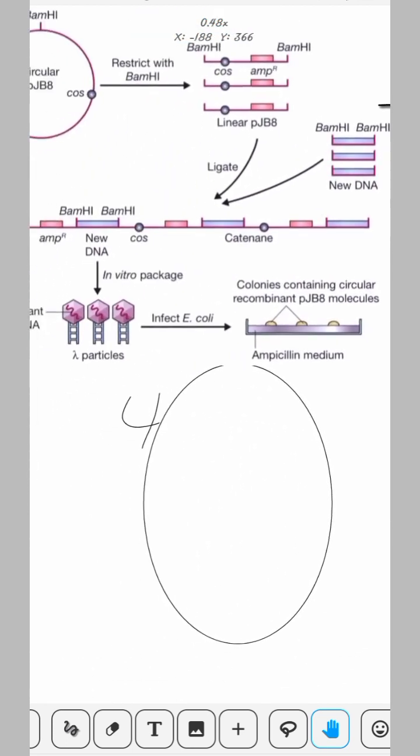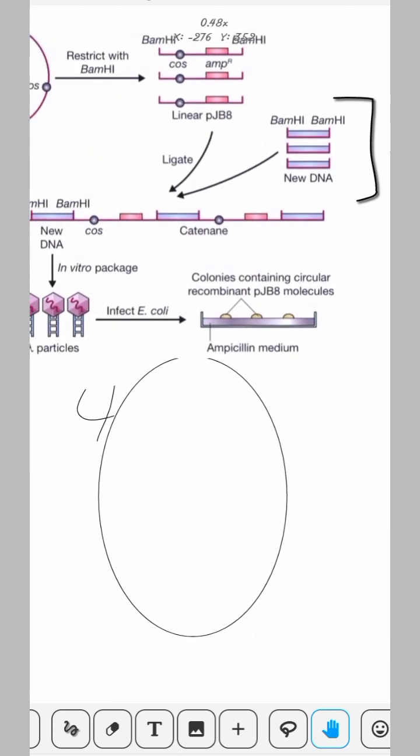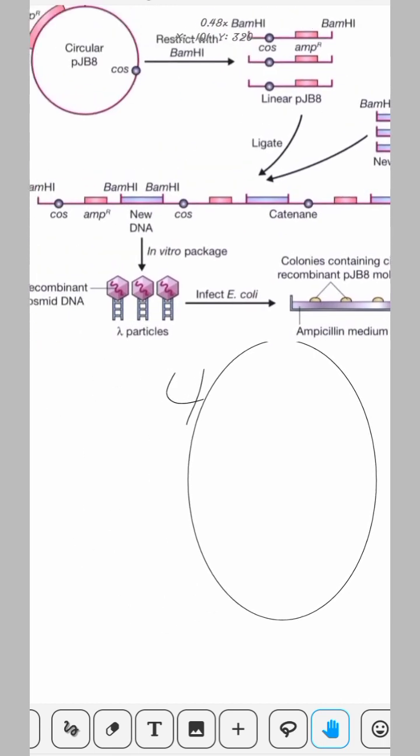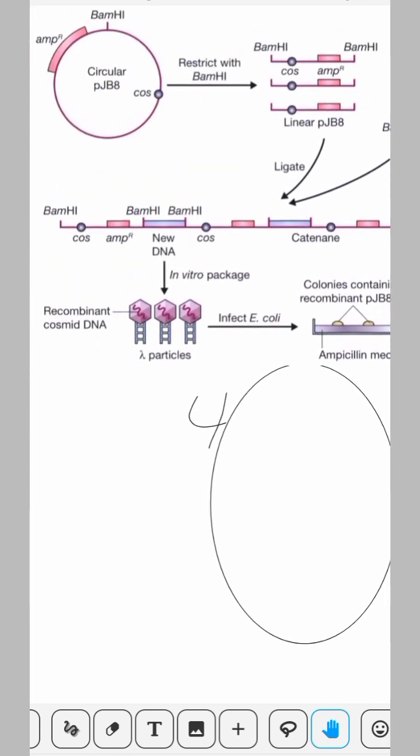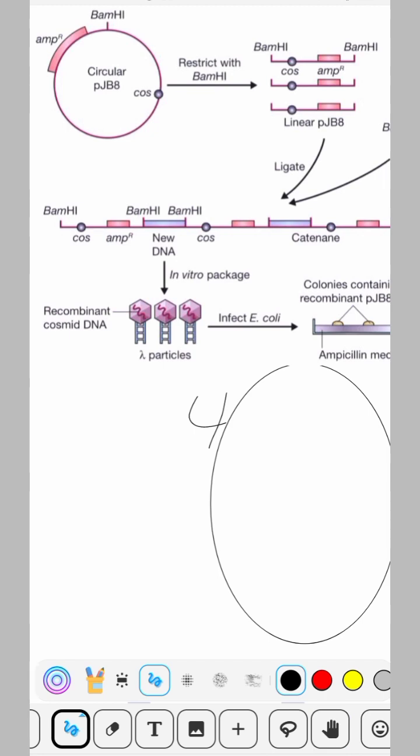When we assume the inserted DNA is of the right size, what happens in in vitro packaging is that it cleaves the cos sites, and then it packages the rest of the recombinant cosmid into mature phage particles.